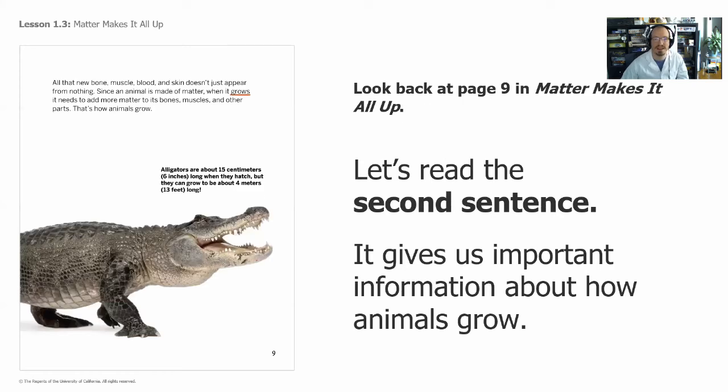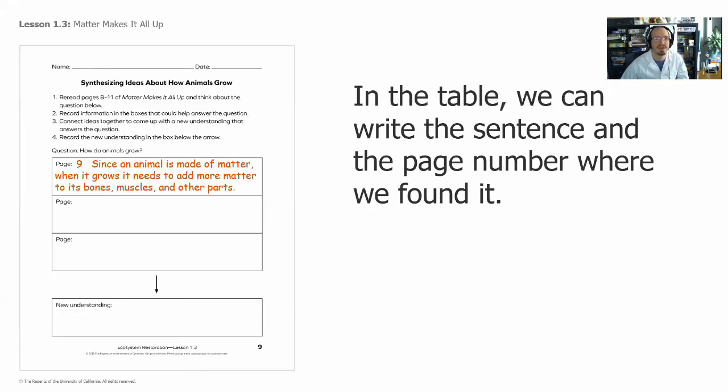If you look back at the top of page 9 in Matter Makes It All Up, the second sentence says, since an animal is made of matter, when it grows, it needs to add more matter to its bones, muscles, and other parts. So it gives us important information about how animals grow. In the table, we can write the sentence and the page number where we found it.